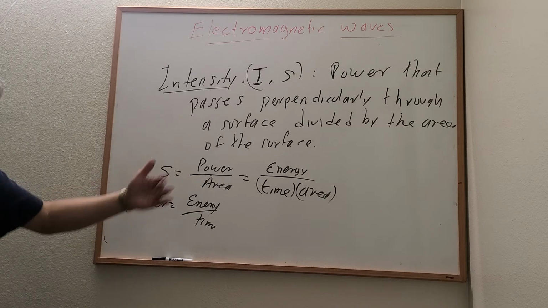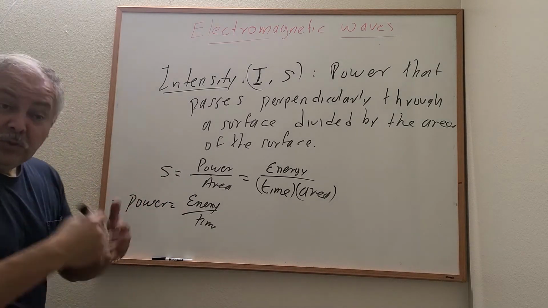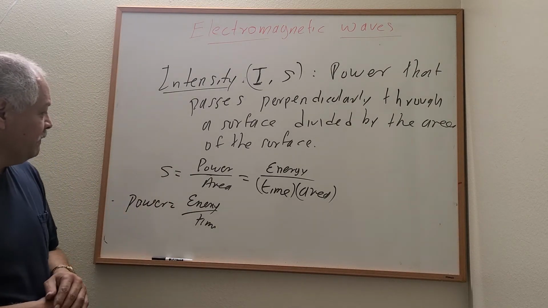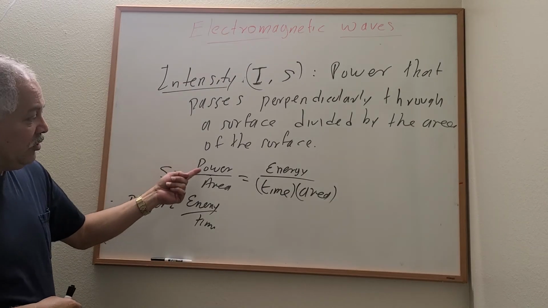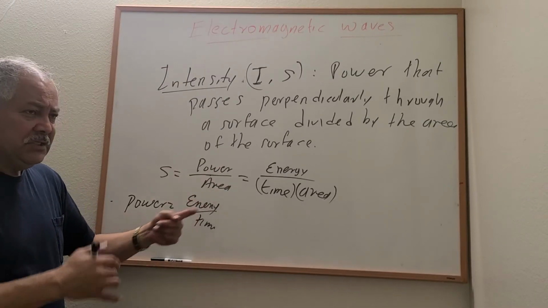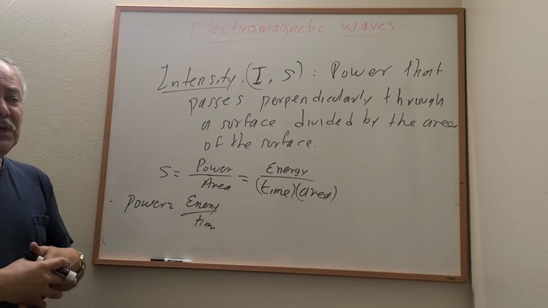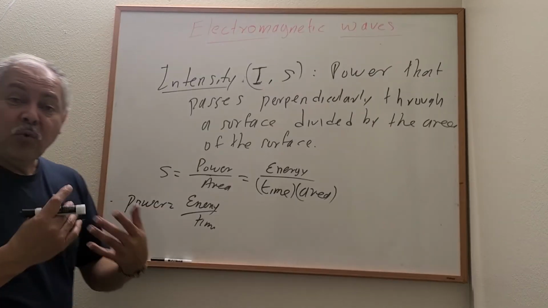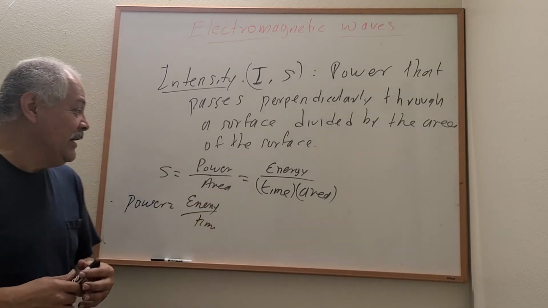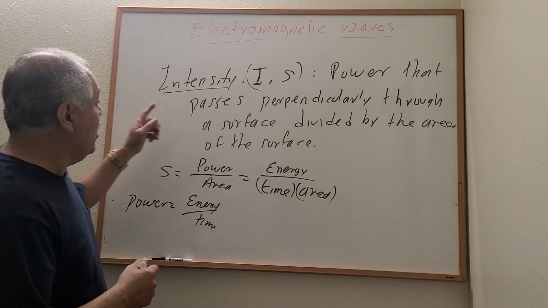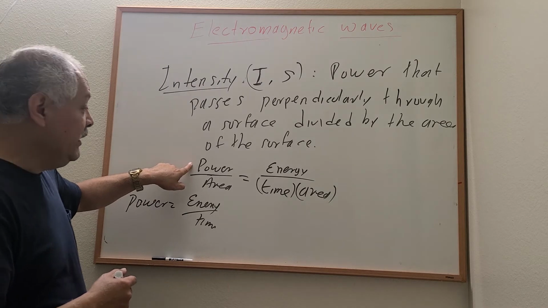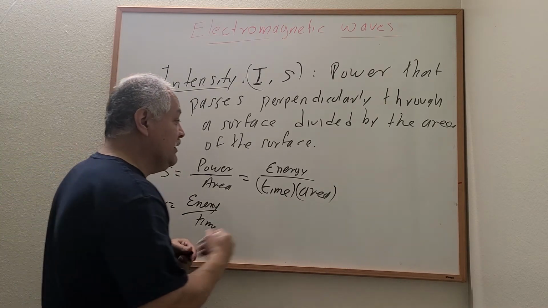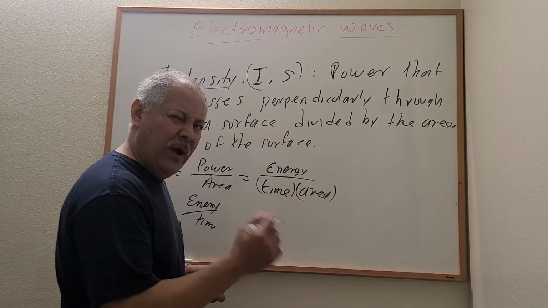That's going to be the intensity. So we create a new quantity, because we divide one quantity by another, and we define it as intensity. It has units, so what should the units be? The unit of power is joules? No, watt.